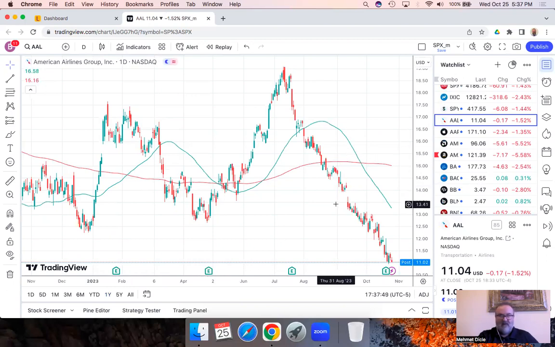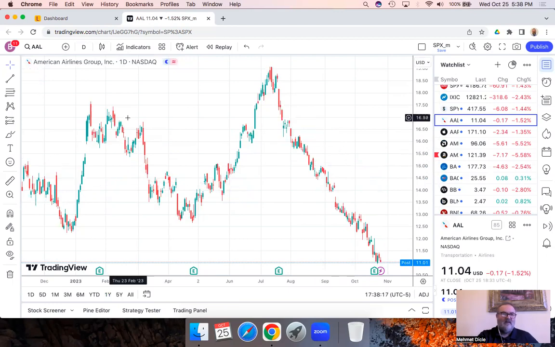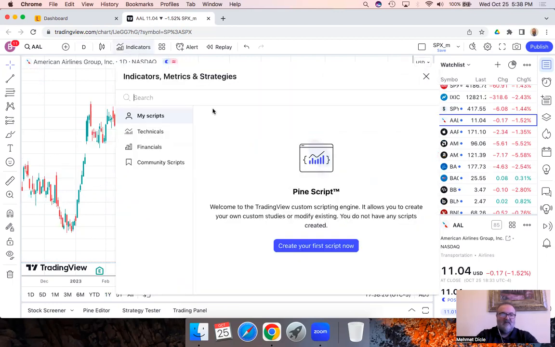American Airlines just crossed the death cross at the end of September, and they're on a downtrend. I think this might be a more interesting company to evaluate. At this point, we have a death cross, which usually makes people believe that this is not a good sign. So let's remove these and take a look at the Bollinger Bands.